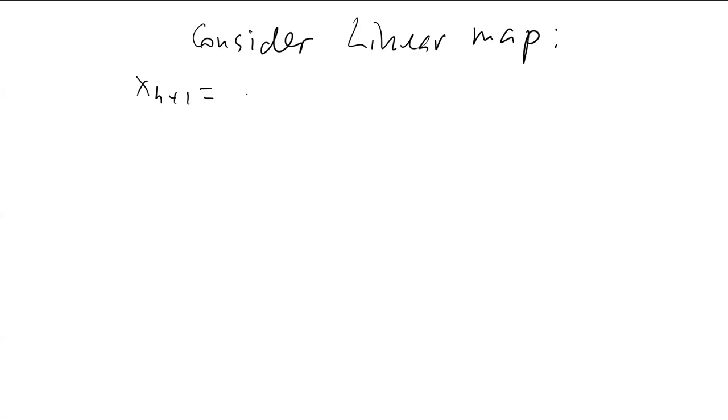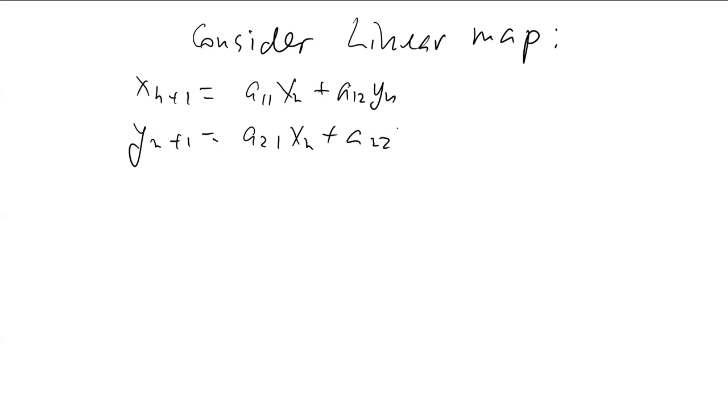Now we start the analysis of maps, and this whole analysis is based on the analysis of linear maps. Therefore, first we consider linear maps. A linear map is like this: xn plus 1 equals a11 xn plus a12 yn, yn plus 1 equals a21 xn plus a22 yn.